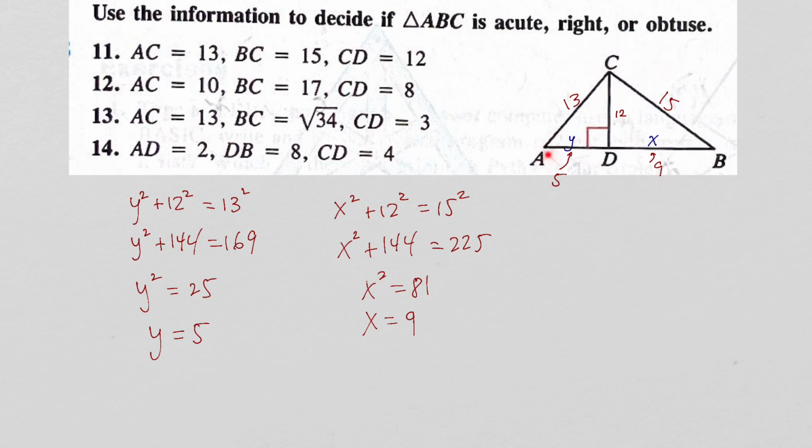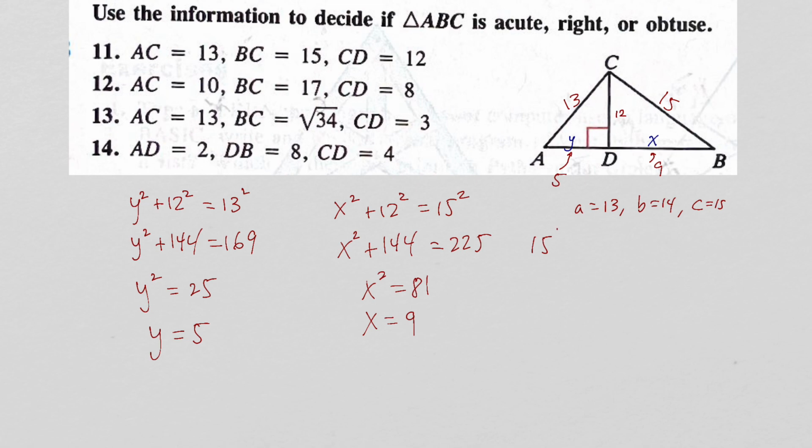So we want to see how 15 squared compares to 14 squared plus 13 squared. So in other words, our A is equal to 13, our B is equal to 14, our C is equal to 15.